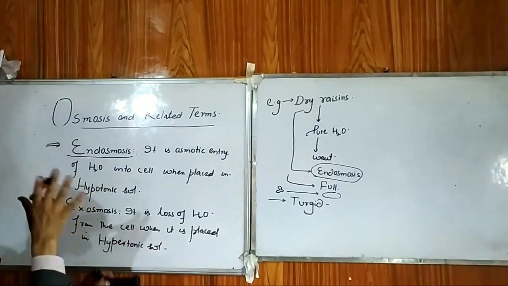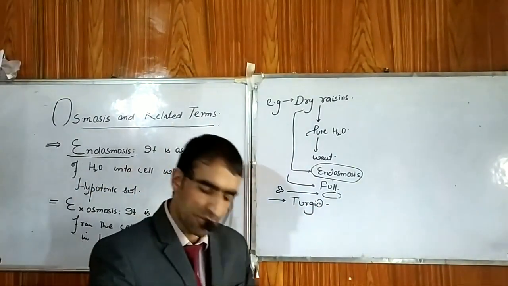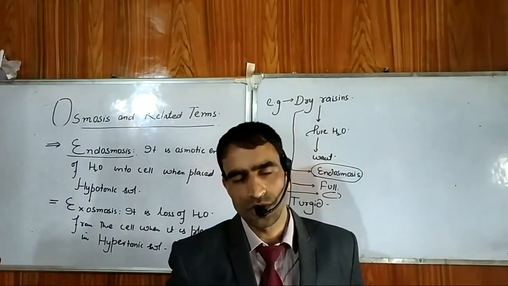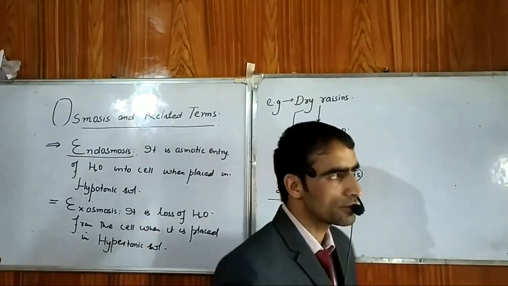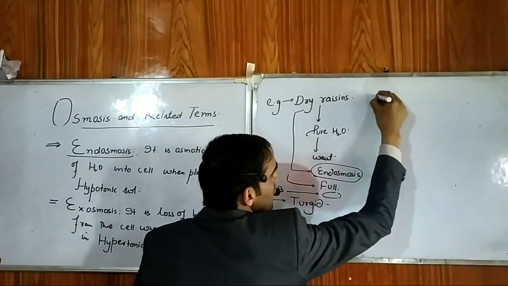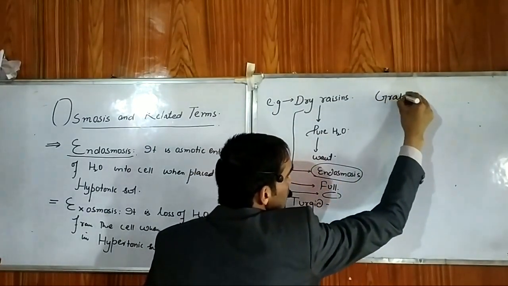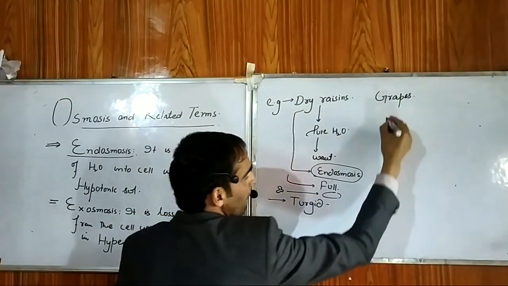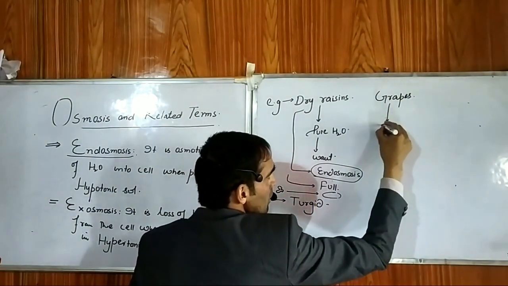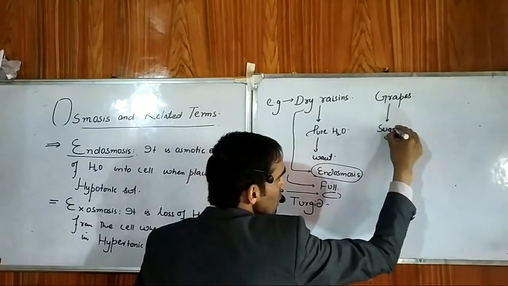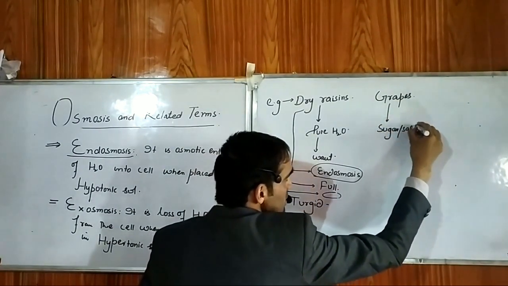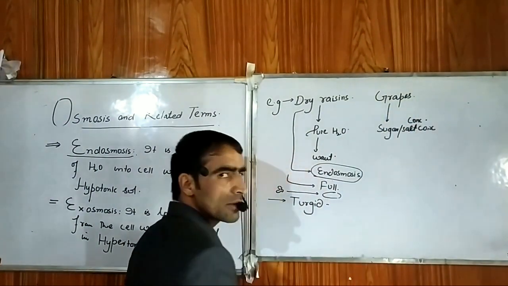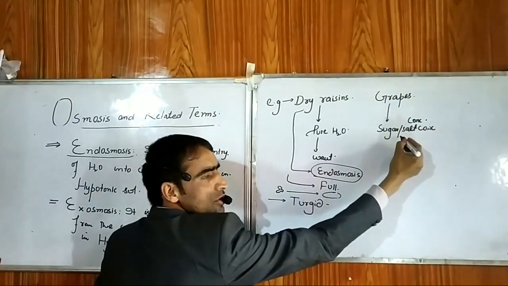अब हम exosmosis की बात करेंगे. इसमें हम उल्टा करेंगे. We'll take the grapes, which is a fruit, botanically true fruit. We'll take here grapes, but these are full with water. Okay. We'll place them in sugar or salt solution, concentrated salt solution here. After some time, it will act as hypertonic solution.